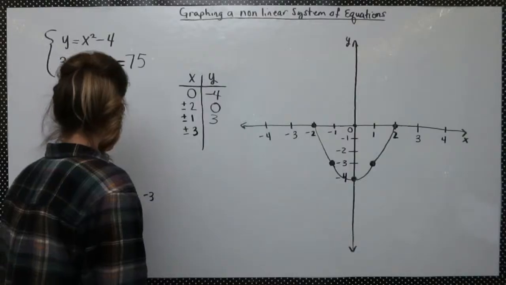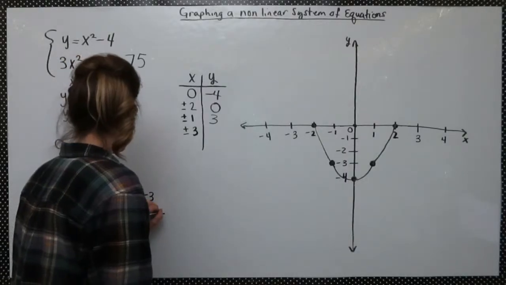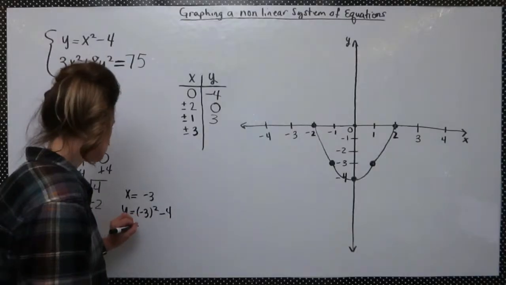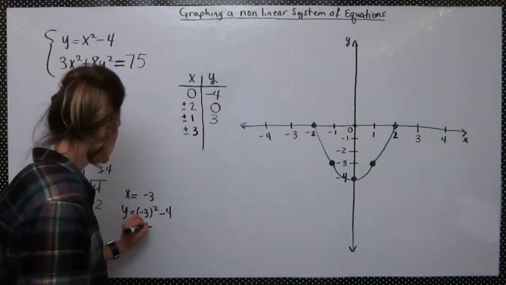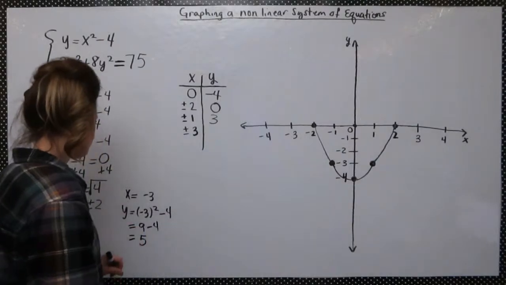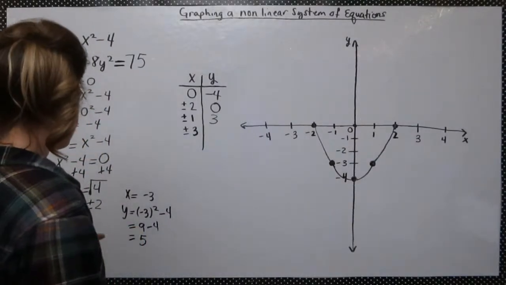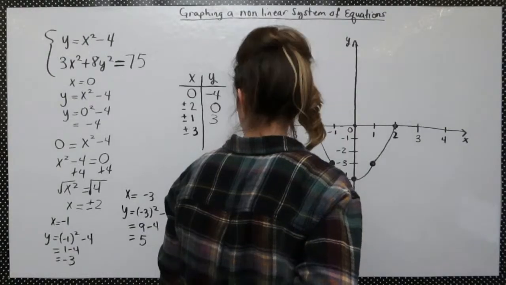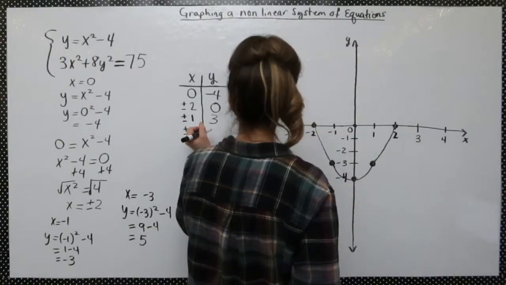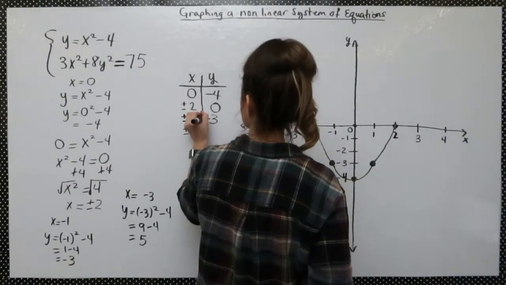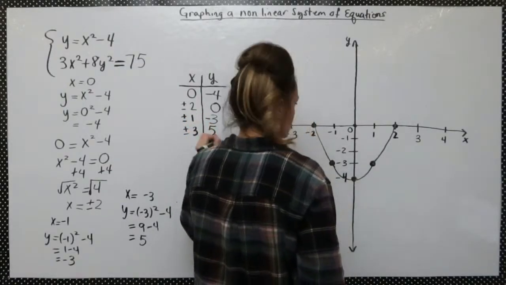y equals -3 squared minus 4. That's going to give me 3 times 3 is 9. Positive 9 minus 4 is going to give me 5. Okay, so I've got this at plus or minus 3. I'm at 5 now. Wait, this was -3. Let me make sure I got my details.